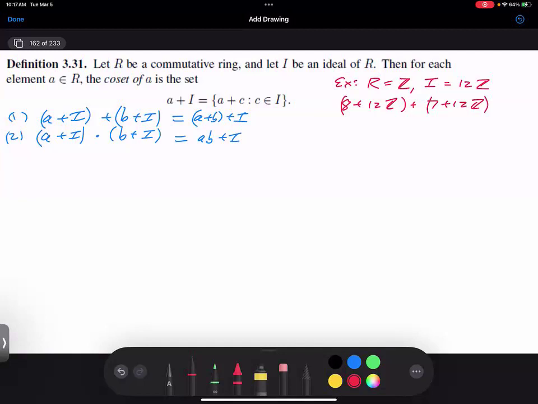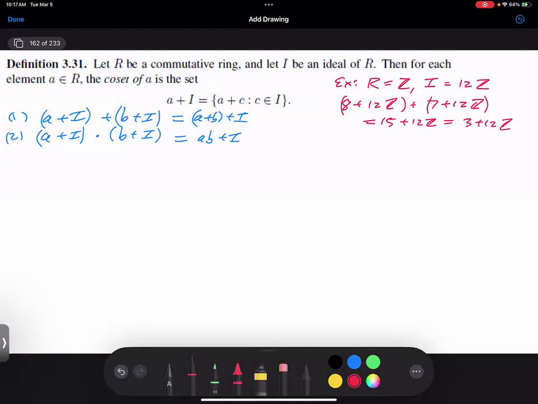So what would 8 plus 12Z plus 7 plus 12Z be? It's 15 plus 12Z. And what's that the same as? Or what should that be the same as? 3 plus 12Z.